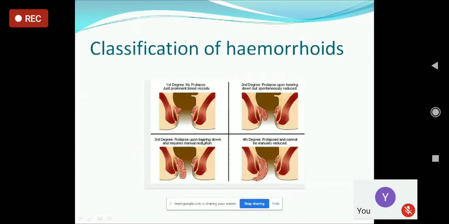Third degree prolapses upon bearing down and requires manual reduction; if manual reduction is done, it goes back up. But the fourth degree prolapses and cannot be manually reduced. So these are the four classifications of internal hemorrhoids.